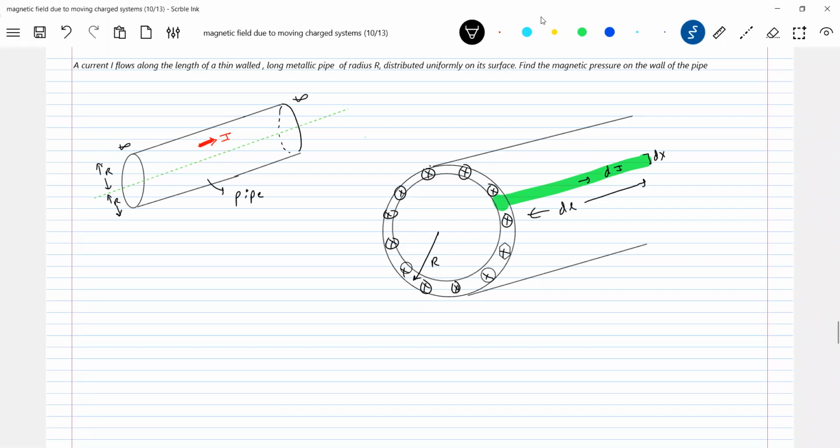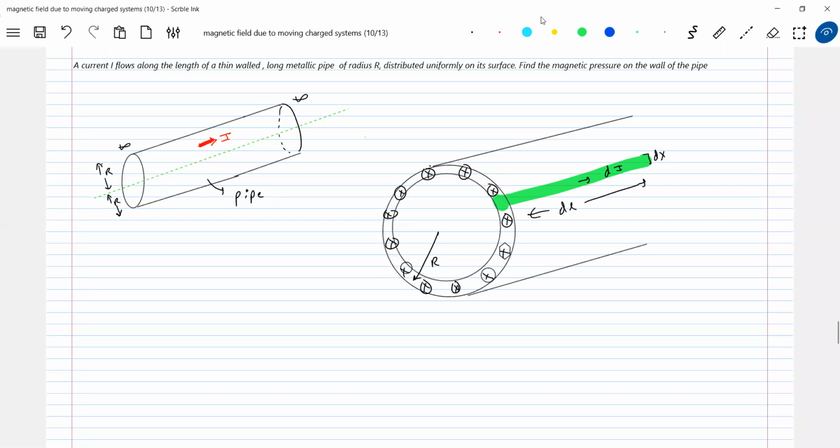What do you mean by long current carrying sheet? There won't be a beginning and end. Look at this pipe also, there is no beginning and end. Though this surface is finite, there's no beginning and end, so it will also behave like a long current carrying sheet here.